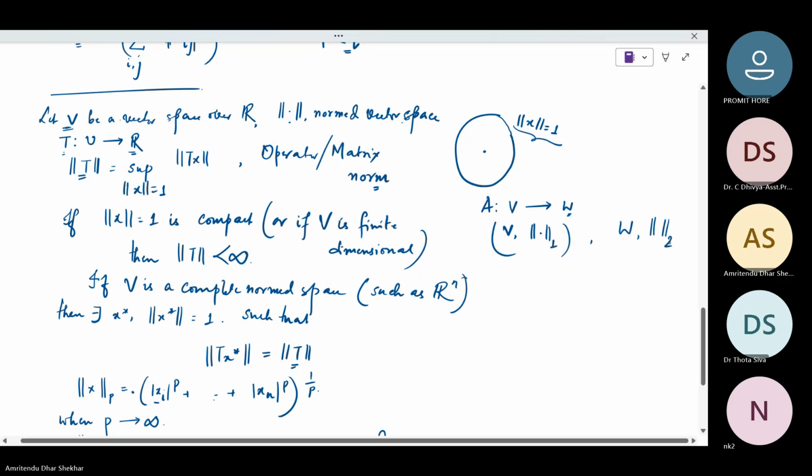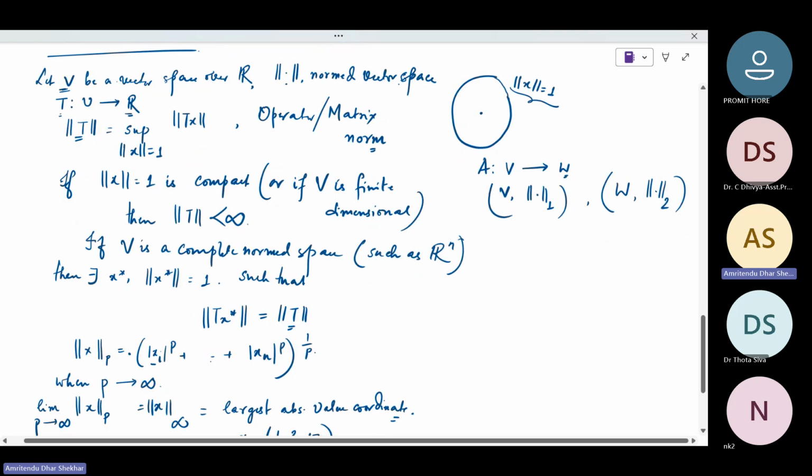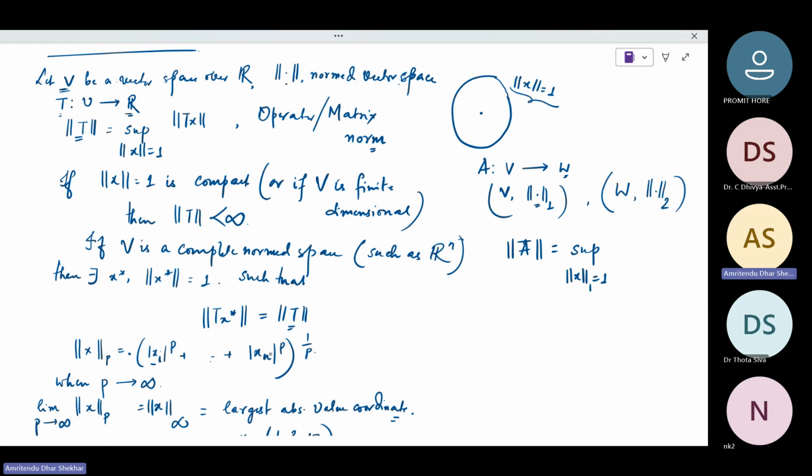And in that case, you just define the matrix norm in this way. Matrix norm will be defined as supremum because the domain follows the one norm. I'm just calling the norms one and two, so don't confuse with this p norm over here. I'm just using the subscripts one and two to distinguish between the two norms on the two different vector spaces.